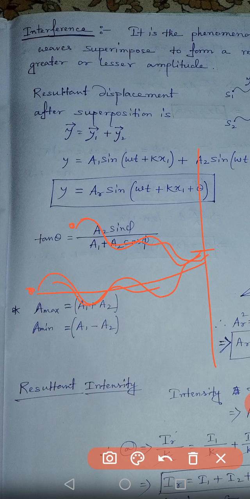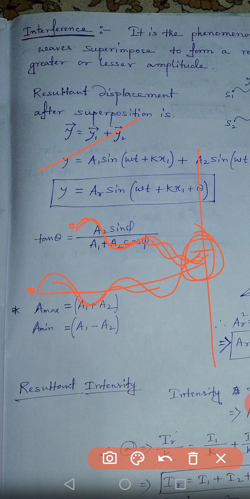Due to this path difference, both waves reach this point differently. It may happen that one wave reaches this point by its crest and the other wave reaches it by its trough.